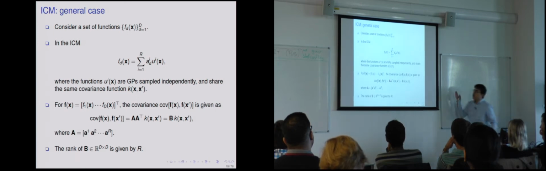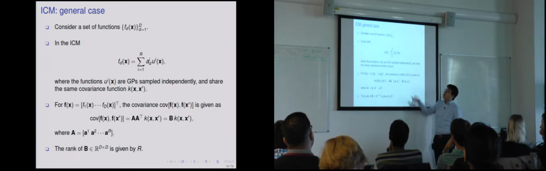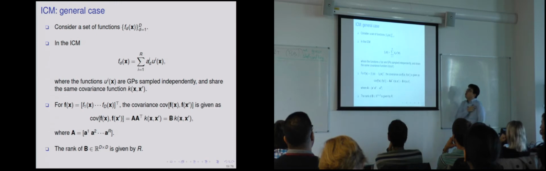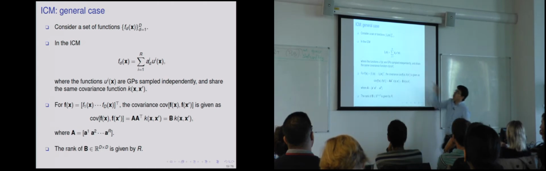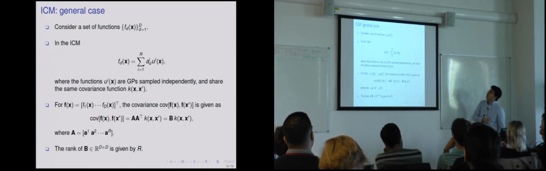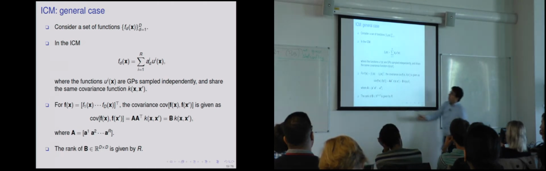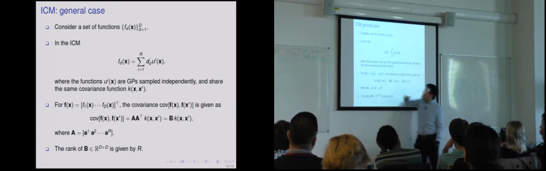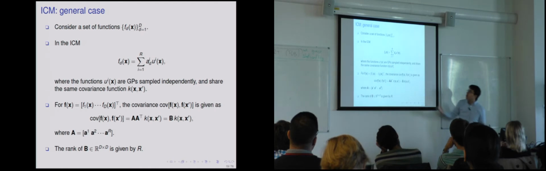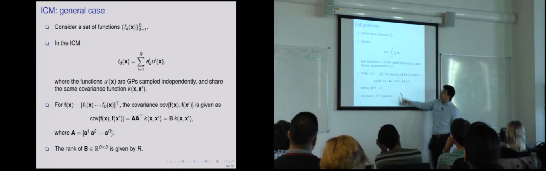And then we can just generalize this, yeah? So instead of just having two, we will have, in general, D outputs, capital D outputs, and then we have this representation for the output f_d. And then the u superscript i are random samples from a Gaussian process with covariance k(x, x').